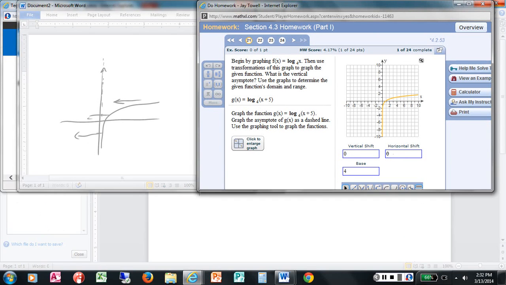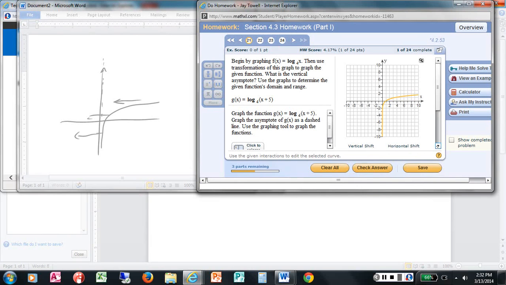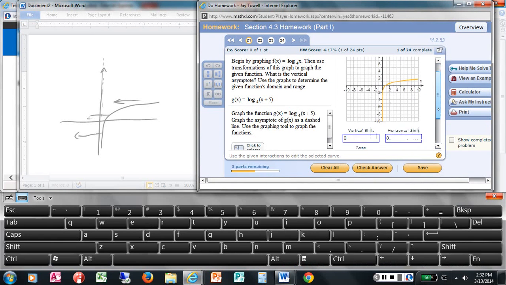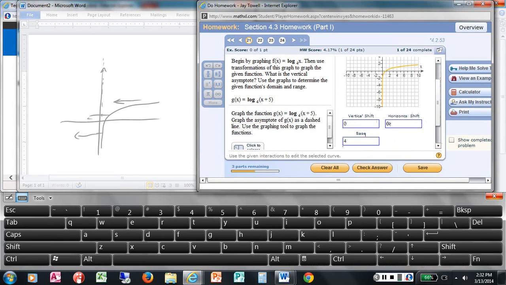So I'm going to input that in right there. -5 units.